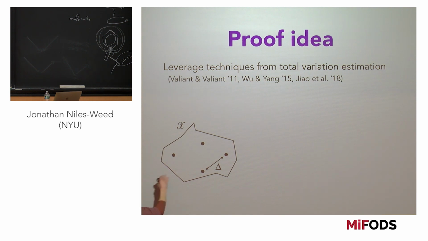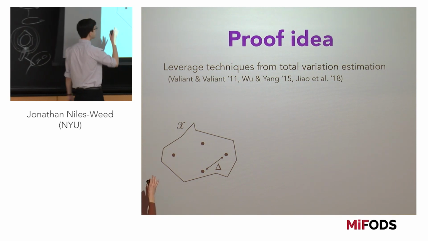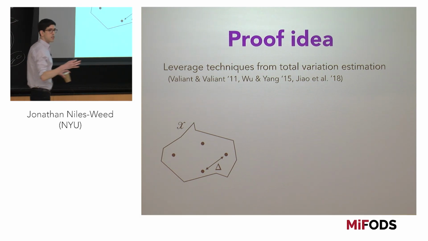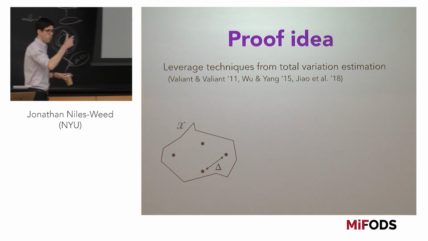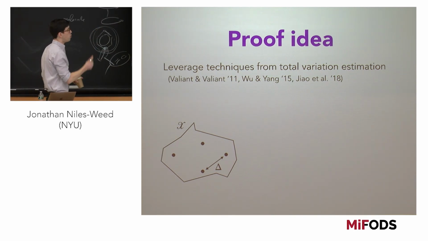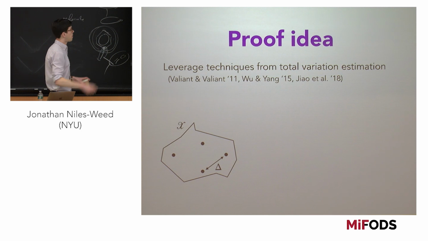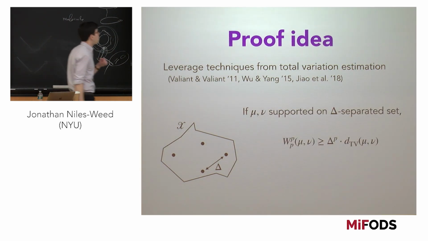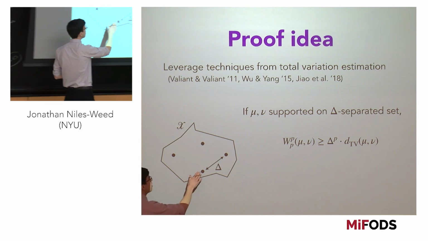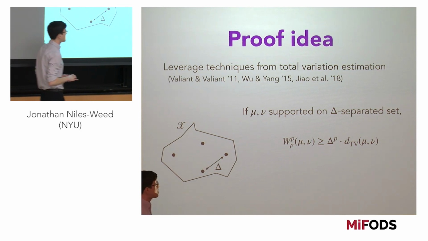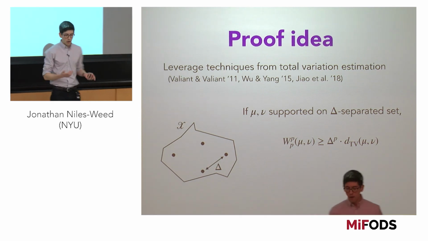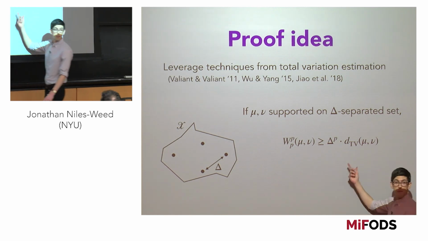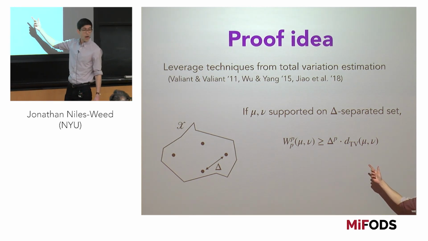So I said I wanted to start with some d-dimensional metric space, X. Let me first try to use what I know about discrete distributions by just putting some separated set of points inside X. And I'll just assume that my distributions are supported on these points. Now, if my measures are supported on this delta-separated set, then I have a lower bound of the following form. I get control over the Wasserstein distance via control over the total variation. So why is this?